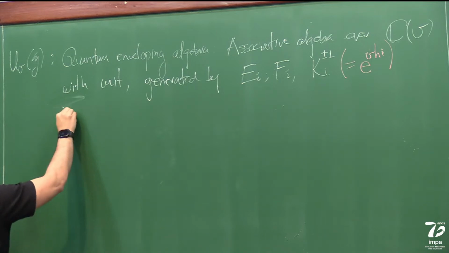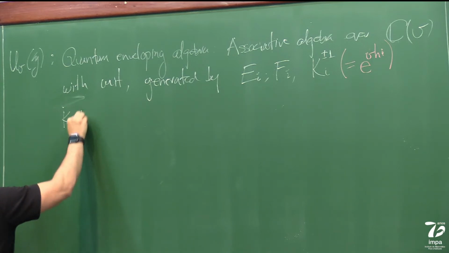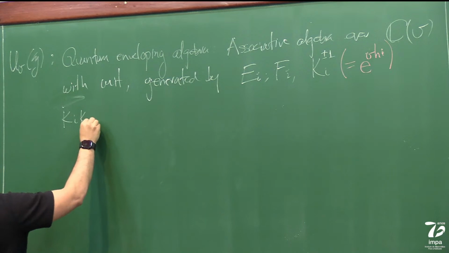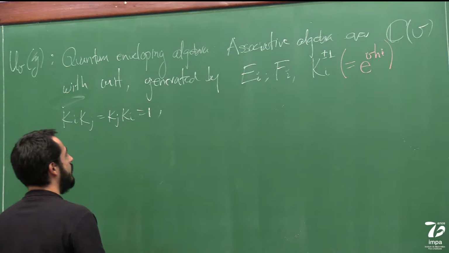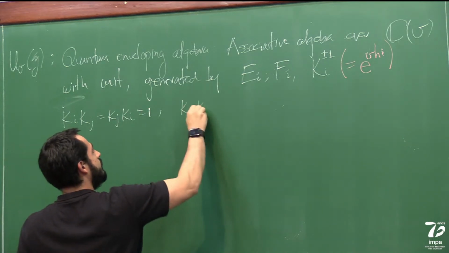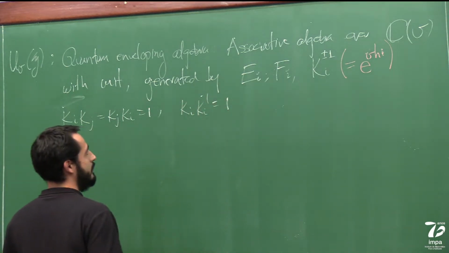Basically, the important ones are that these operators K_i are commutative, and when I act with the inverse, of course, I get the 1 on both sides.